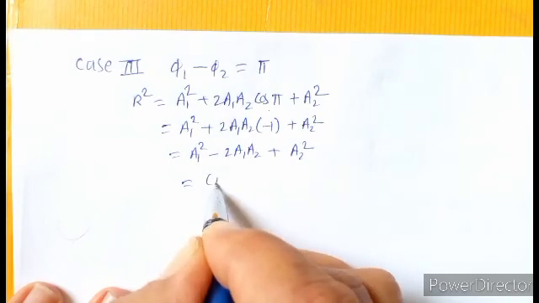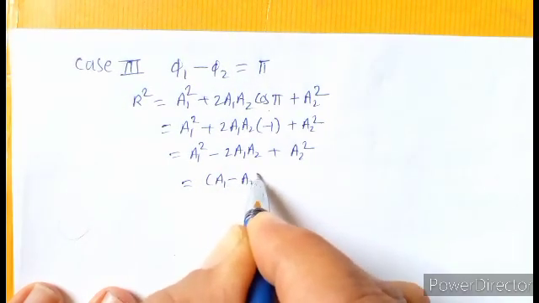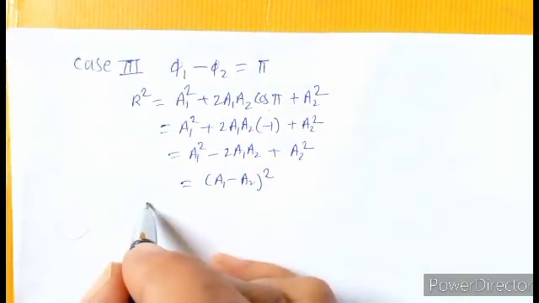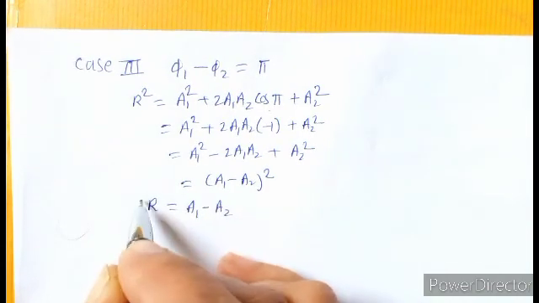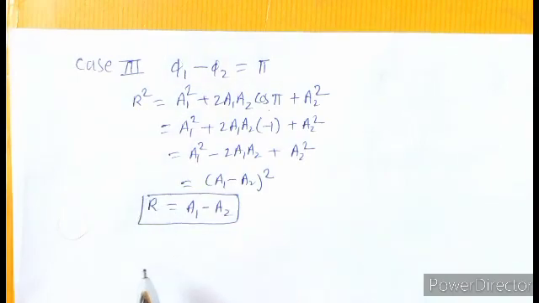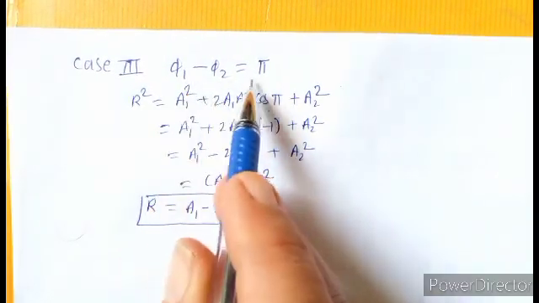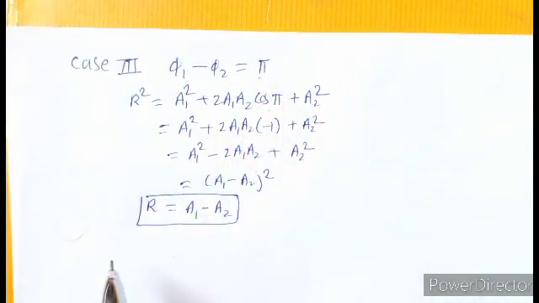It becomes (a1 minus a2) whole square. Taking the square root, r is equal to a1 minus a2. This is the resultant amplitude when the phase difference is pi.